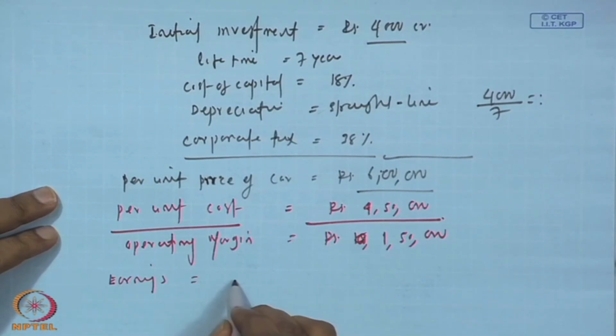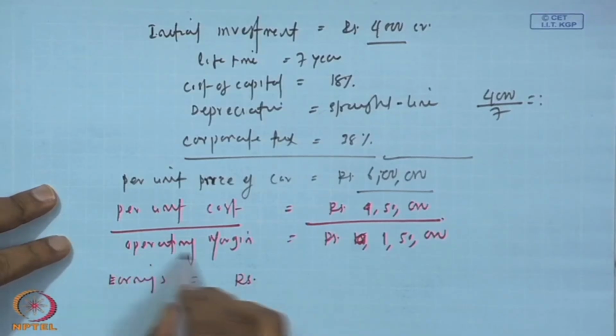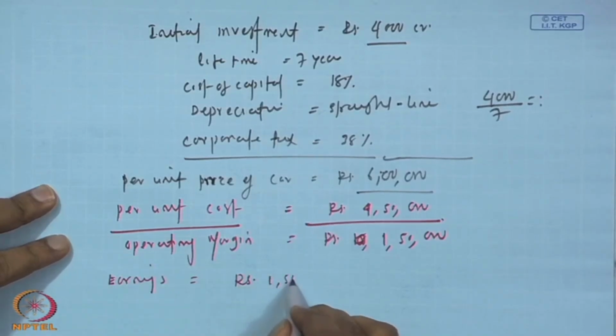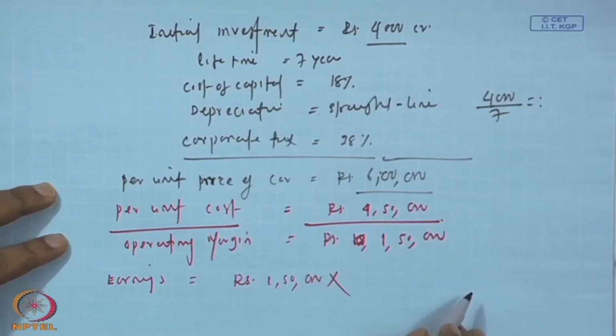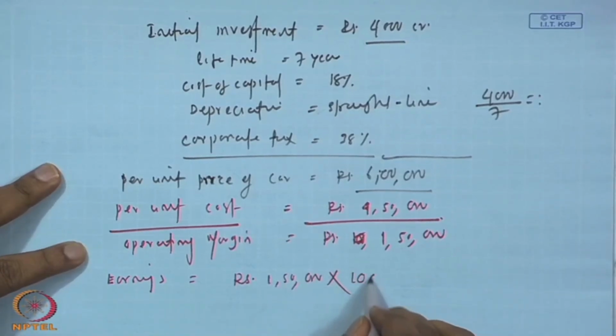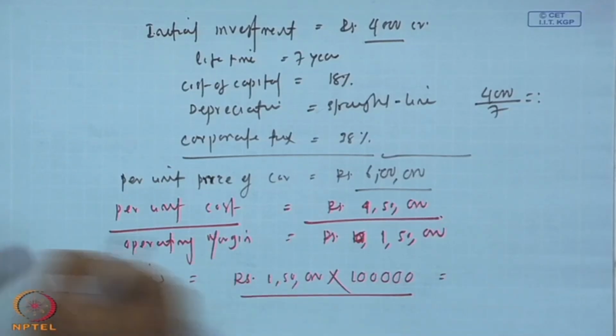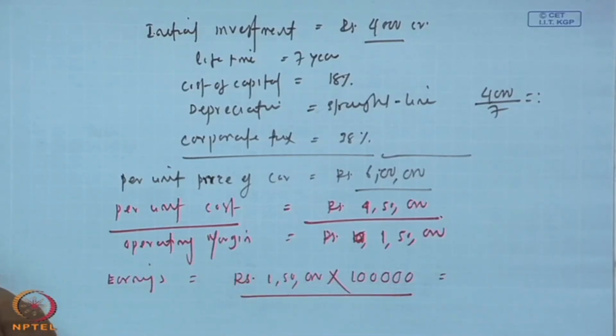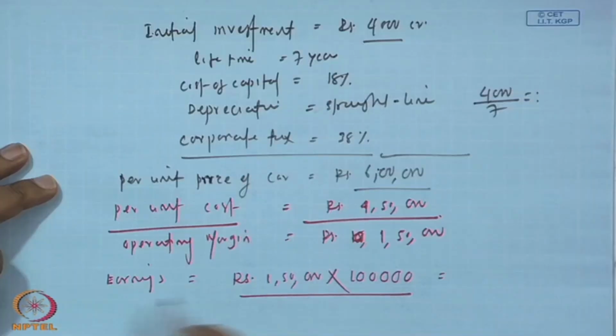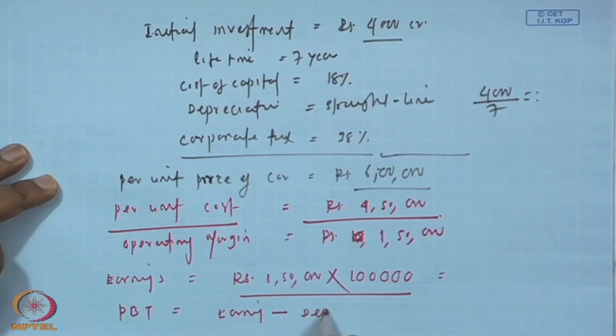So, how much are the earnings? The operating margin is 1,50,000. How many cars per year? 1 lakh per year. So, this is our earnings every year. Now, what is the profit before tax? PBT will be earnings minus depreciation.